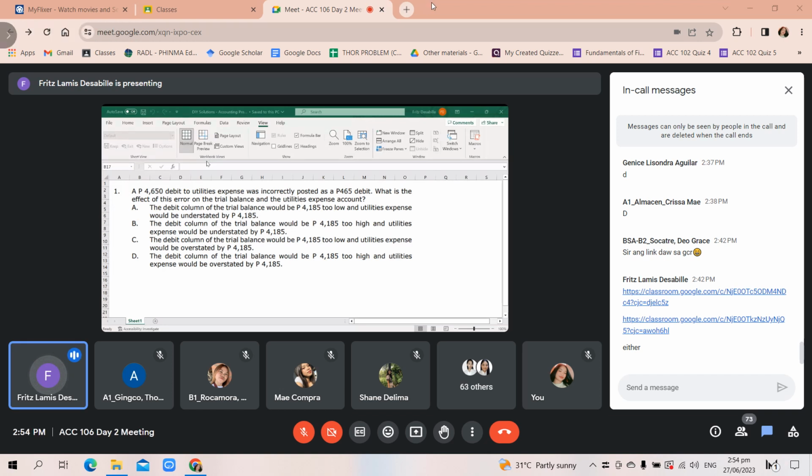Would the debit column be too low or too high?